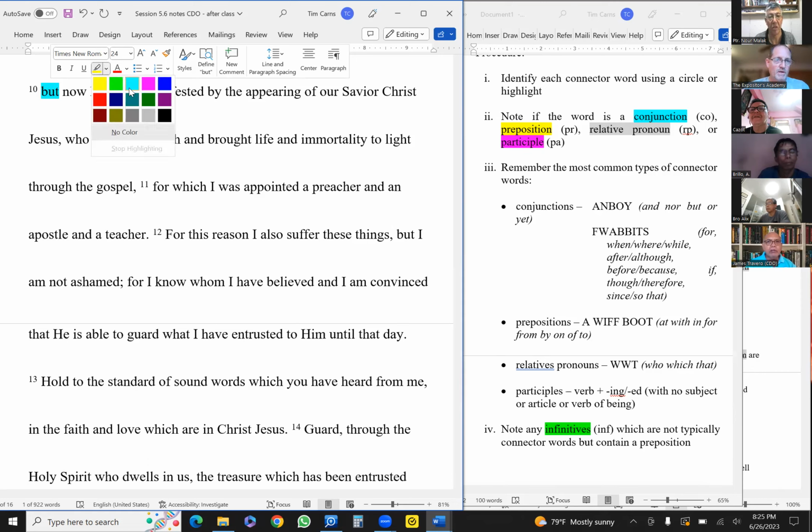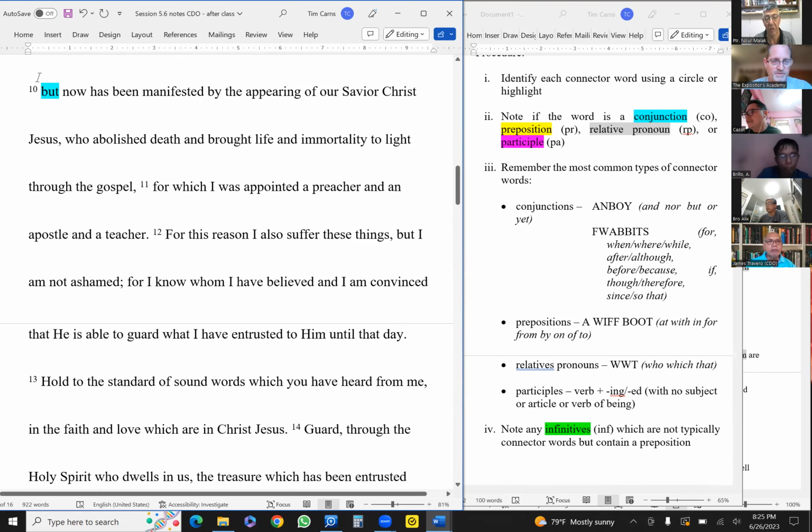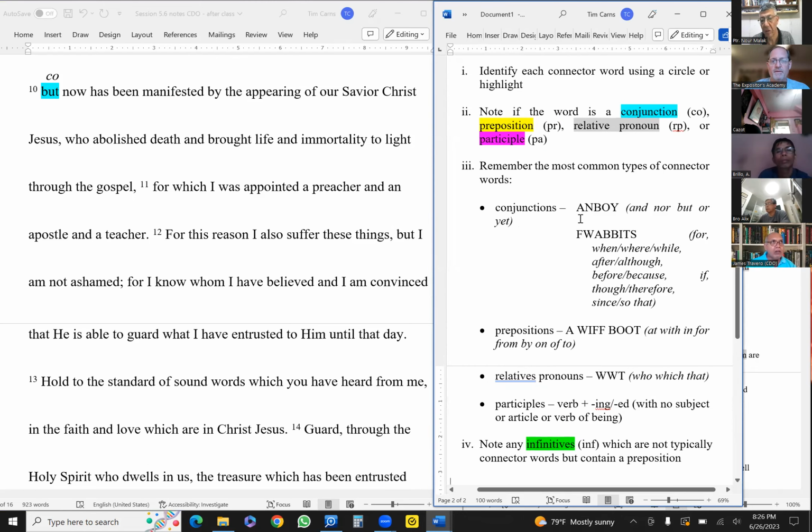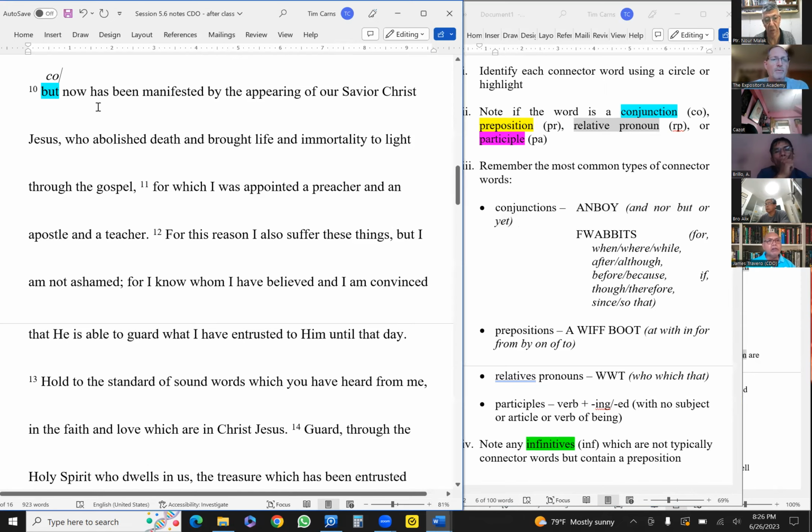Conjunction, yes. What kind? Subordinate or coordinate? Subordinate. Take a look over to the right where we have the procedure. Notice it's under coordinating, yes, it's a coordinating conjunction. Okay. All right. What's the next connector word that you see?